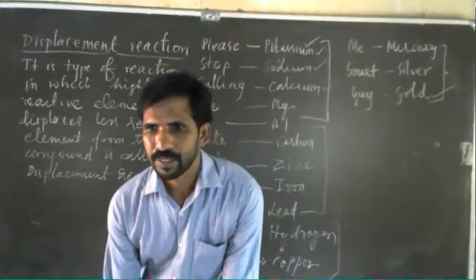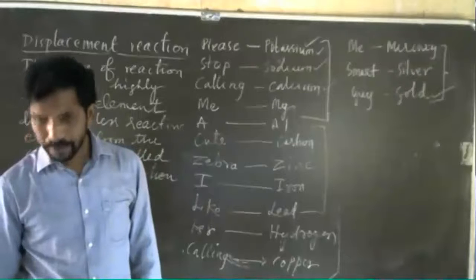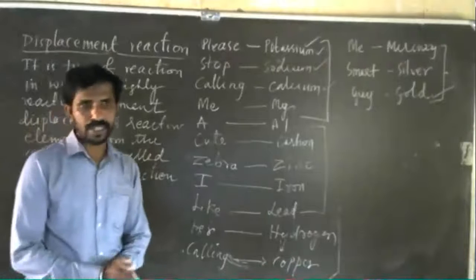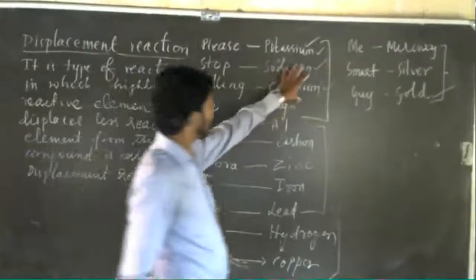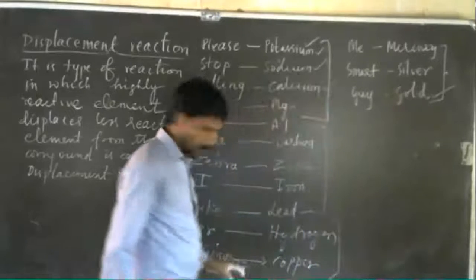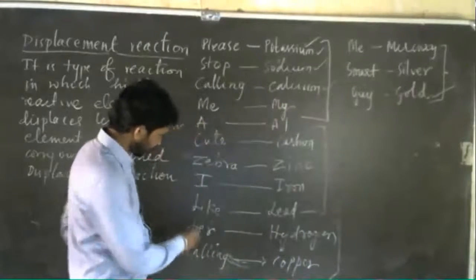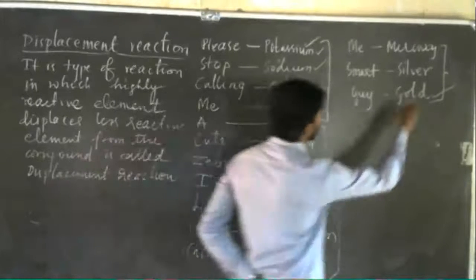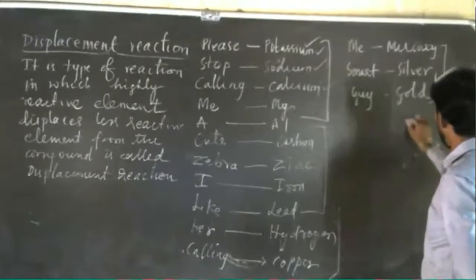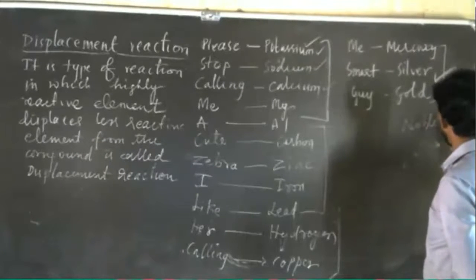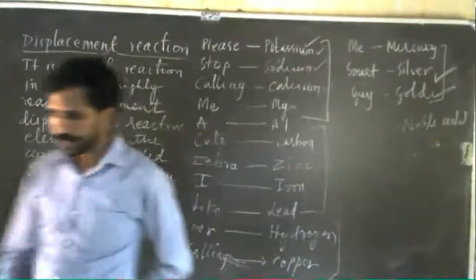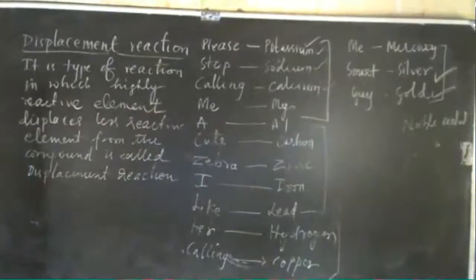On page number 45 in the metals and non-metals chapter, you can see the most reactive and least reactive. These are more reactive, this is less reactive, this is still less reactive.